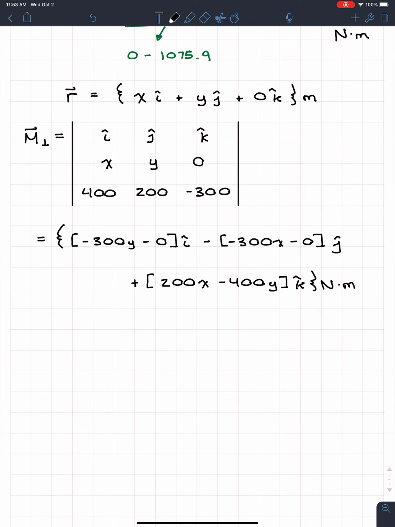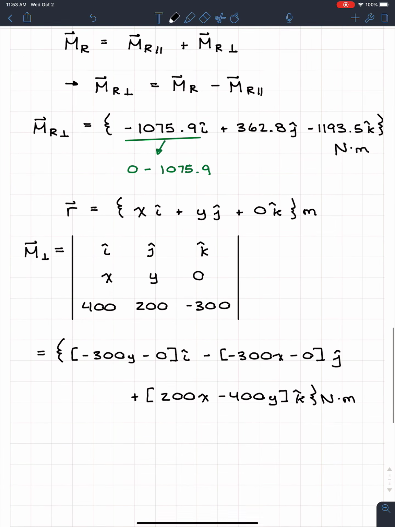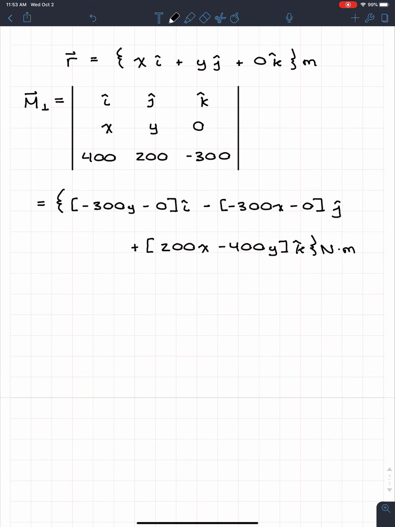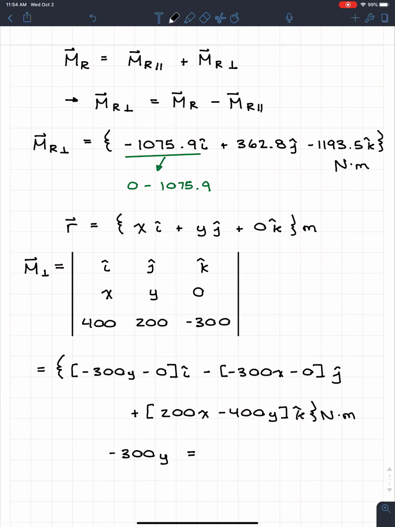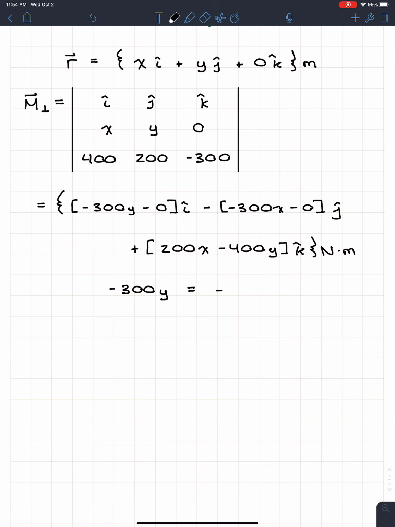Now we can take those components and start relating them to the perpendicular moment vector that we already got. For the i component, it's going to be negative 300y, but we already know that this has to be equal to negative 1075.9. And this is our equation 1.